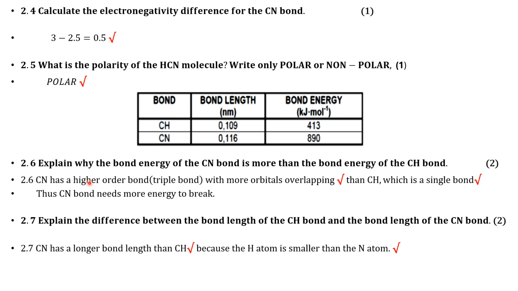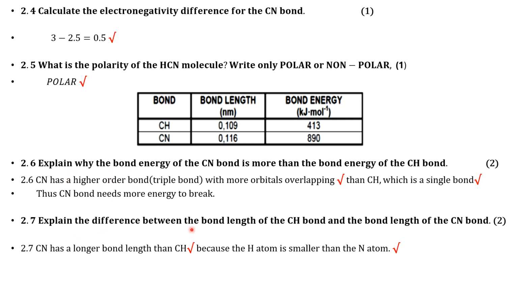So CN has a higher order bond or triple bond with more orbitals overlapping. So it's 3 pairs pulling on each other, where CH is a single bond. Thus, to break the triple bond would need more energy than to break a single bond. I hope that makes sense. So the triple bond pulls harder than what the single bond does, therefore I need more energy. But you need to understand this concept of bond order.